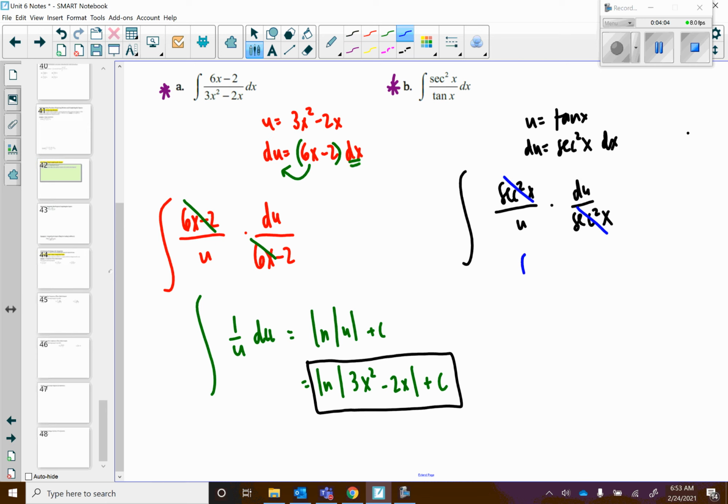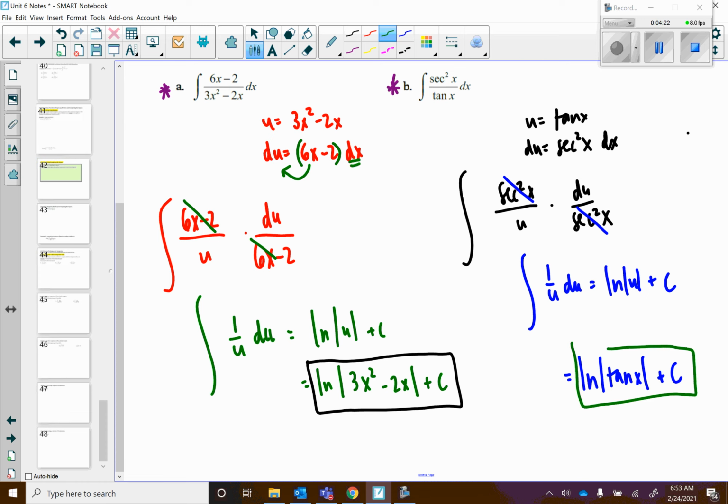Lovely. The antiderivative of 1 over u du is equal to the natural log of u plus c. And we plug back in our u, so we have the natural log of tangent of x plus c. Good job. Well, I actually don't know if you did any of those, but hopefully good job.